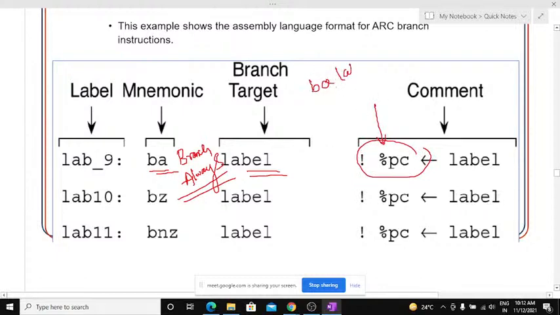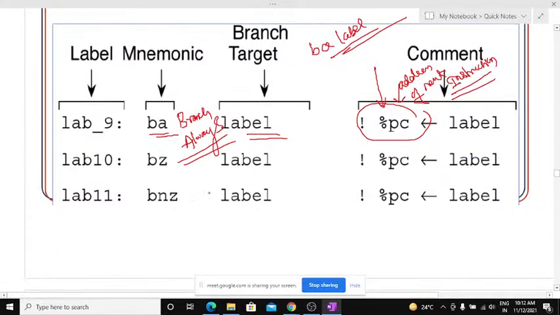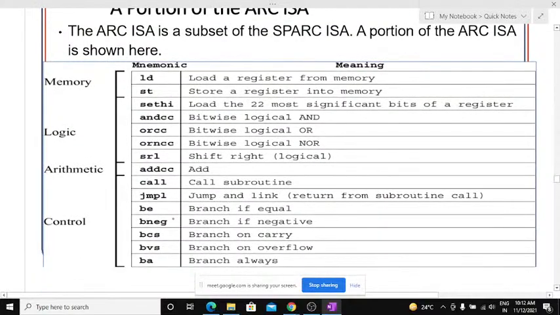BA and some label: when the condition is true, it will jump to that particular location. Branch always, branch on 0, branch not 0. These are some branch related instructions.